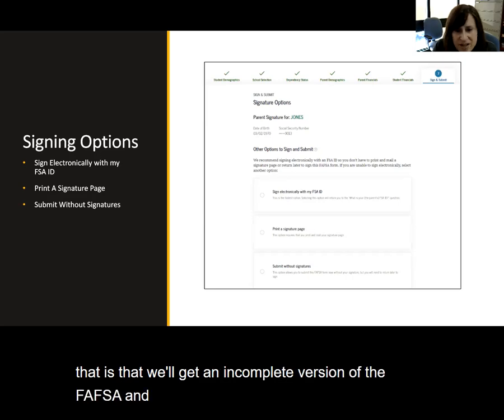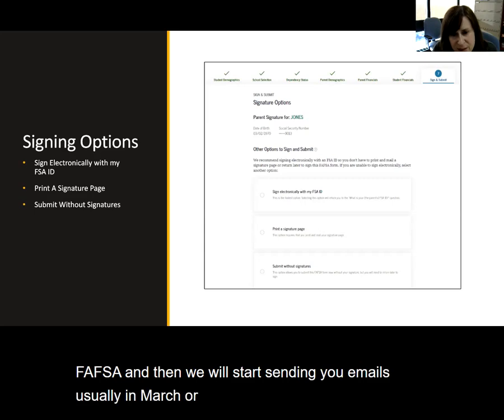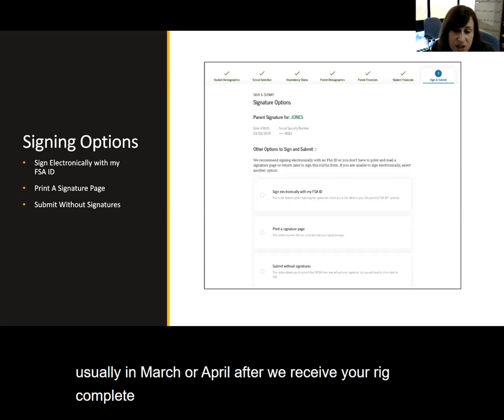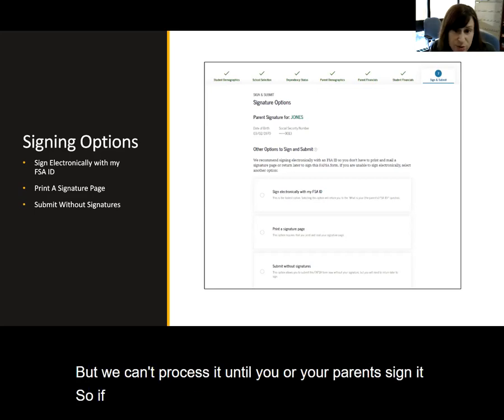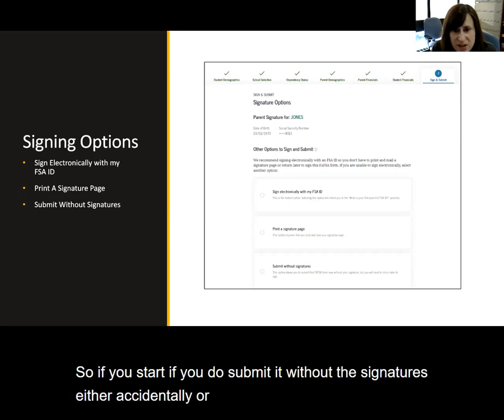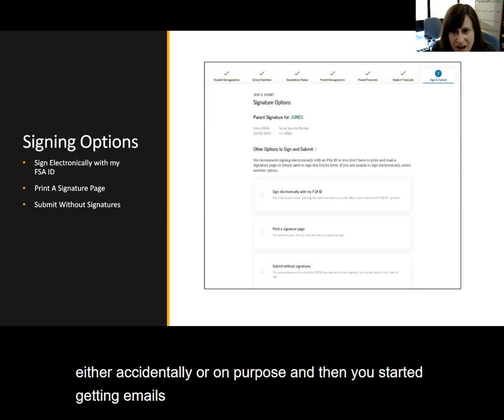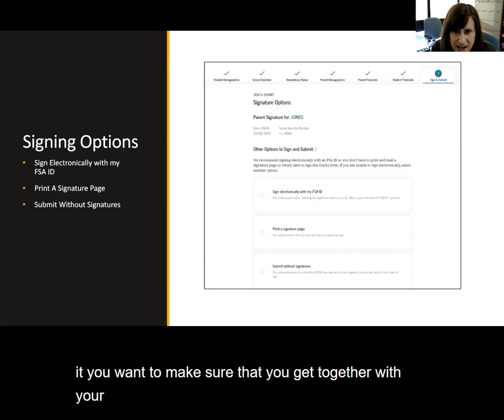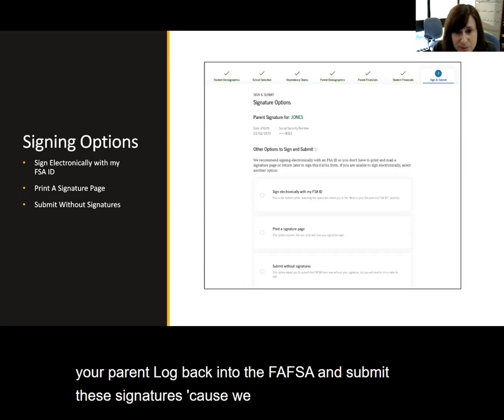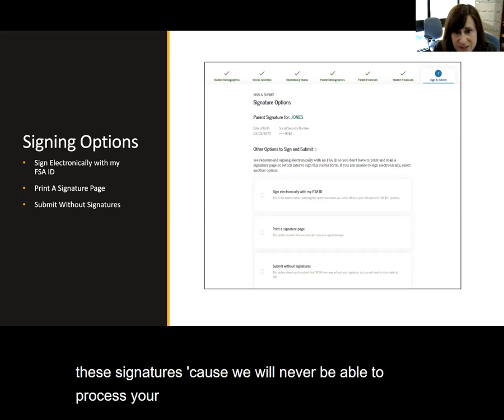And then we will start sending you emails, usually in March or April after we receive your incomplete FAFSA, to let you know that we got it, but we can't process it until you or your parents sign it. So if you do submit it without the signatures, either accidentally or on purpose, and then you start getting emails from us telling you that you need to sign it, you want to make sure that you get together with your parent, log back into the FAFSA, and submit these signatures, because we will never be able to process your FAFSA form if they never get submitted.